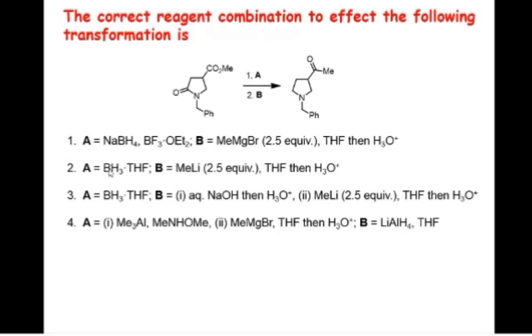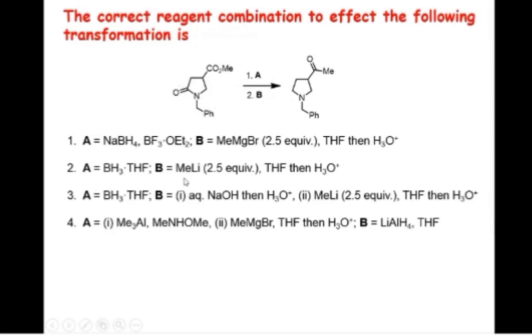Boron reduces amide in presence of ester. Because we need in the product a ketone group and this pyrrolidine ring. If we consider this boron, reduction of this pyrrolidinone ring to pyrrolidine, no doubt.